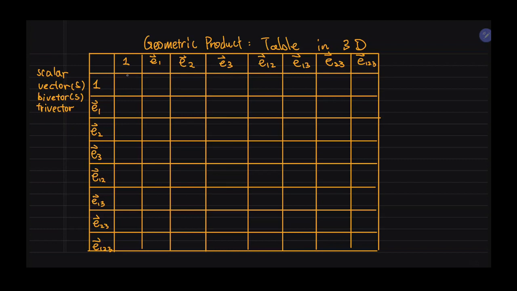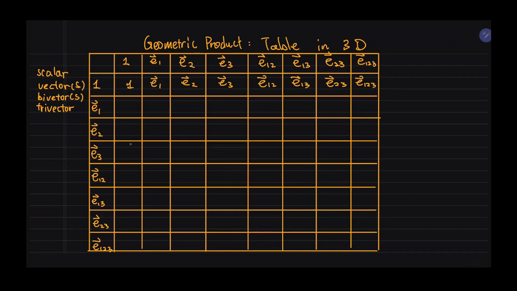So let us first derive the case of the geometric product from 1 to 1, a scalar, and to all these different objects it is basically copy and paste: E1, E2, E3, E12, E13, E23, E123.